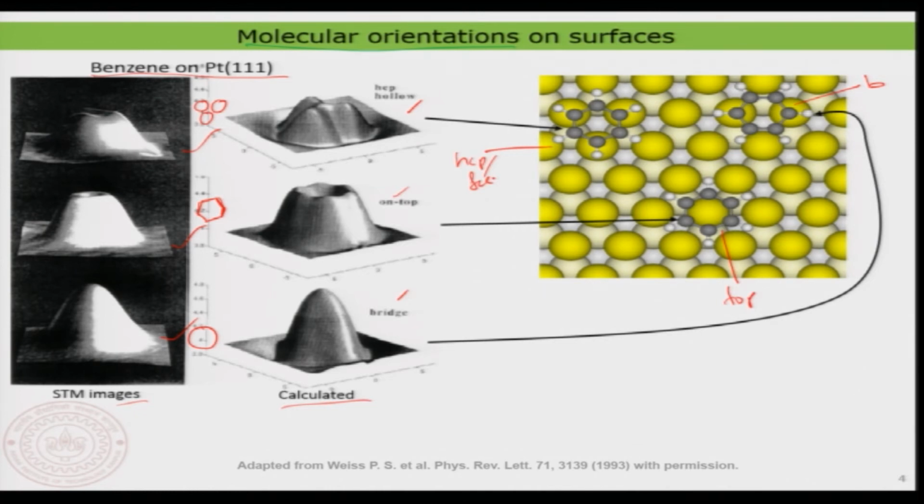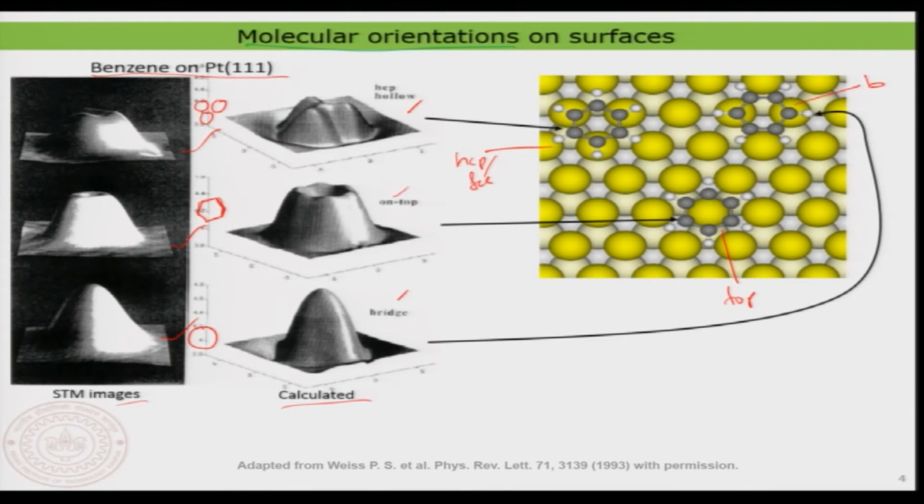When you look at the molecule, you cannot accommodate it on a single surface site. That is the key element here, unlike in the case of atomic adsorbates. Here you accommodate the molecule on a larger area, so there are multiple sites the molecule is going to occupy.